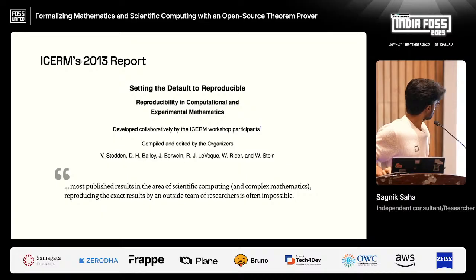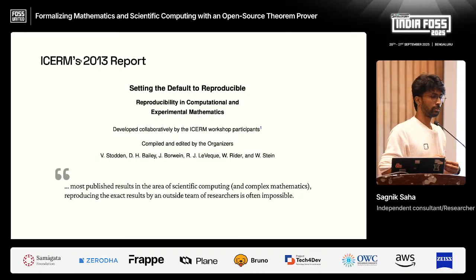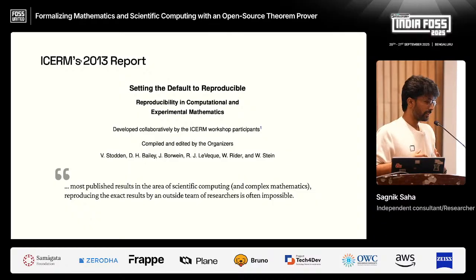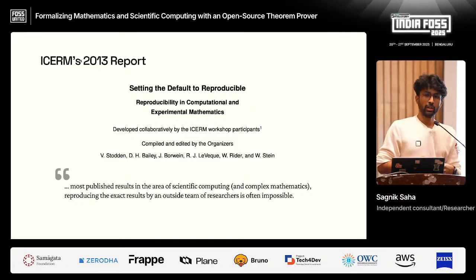I'll start a bit with this ISOMS 2013 report. One of the things that we have observed in the mathematical community is that a lot of published results in the area of scientific computing or complex math in general are not easily reproducible. This does not happen because mathematicians don't understand each other. It's because things are not as well documented as they should be.